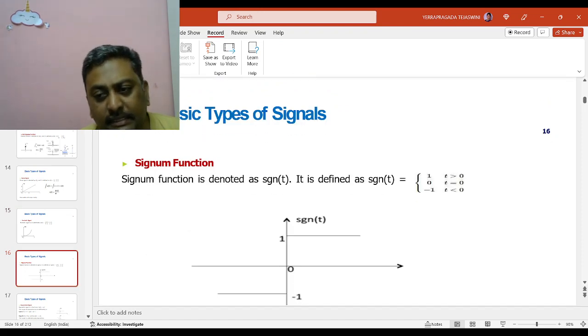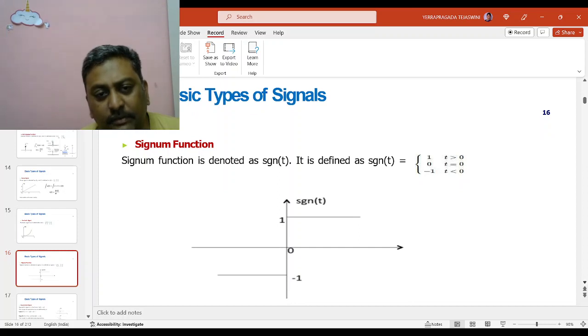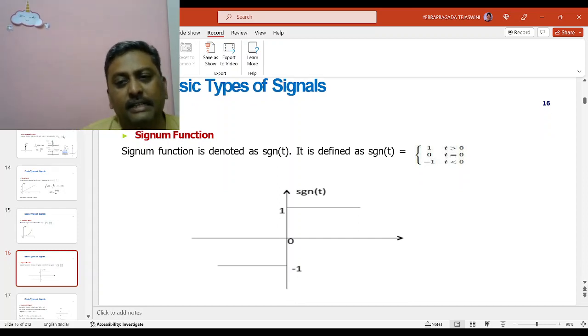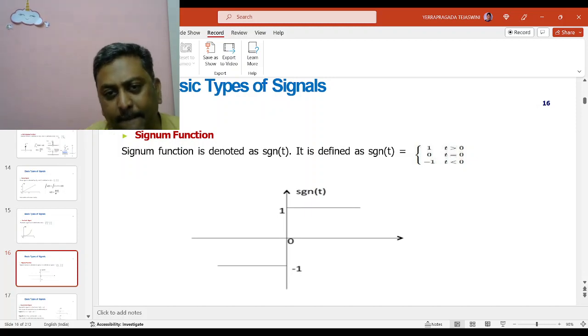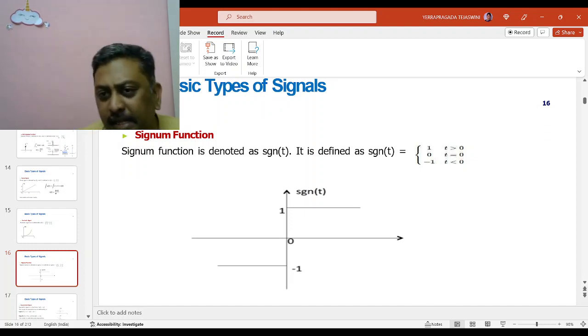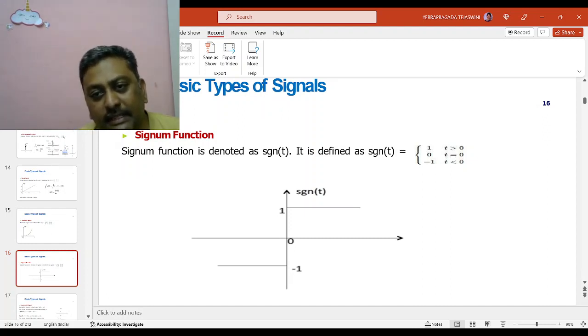Next, in the basic types of signals, the next type is the signum function, denoted by sgn of t. The value of the signum function would be equal to 1 when t is greater than 0, equal to 0 when t is equal to 0, and minus 1 when t is less than 0.